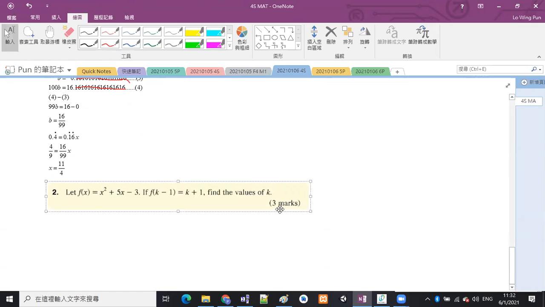Okay, number 2. Let f(x) be this. So we have a function, and then we have the formula of the function.